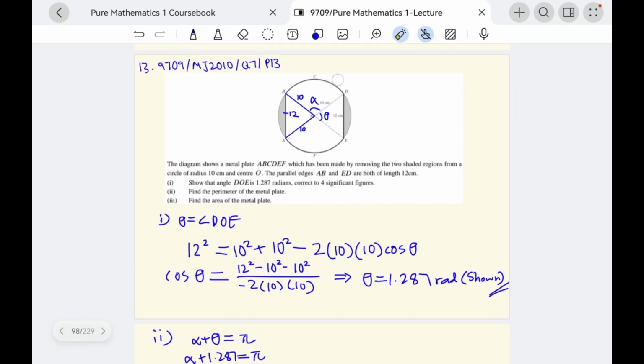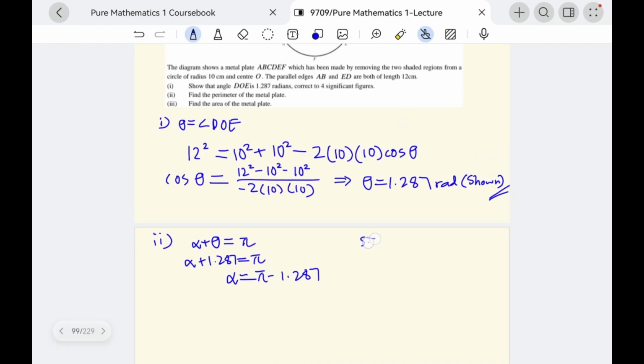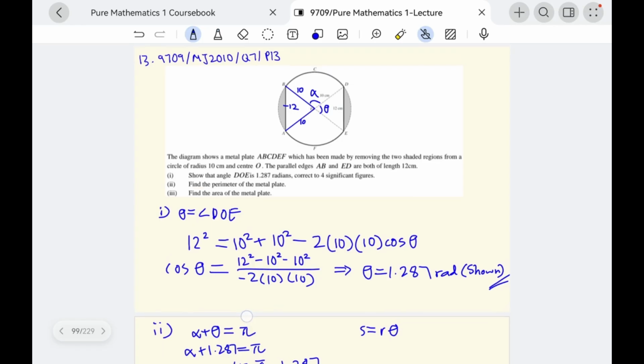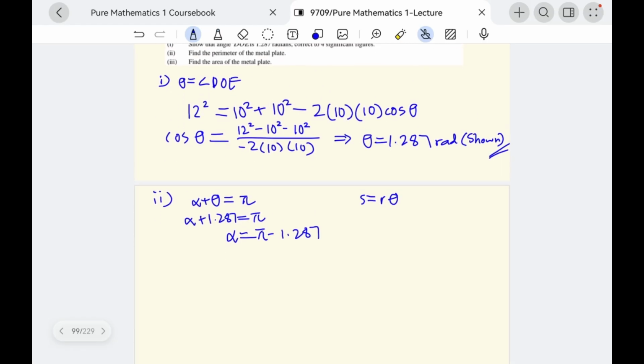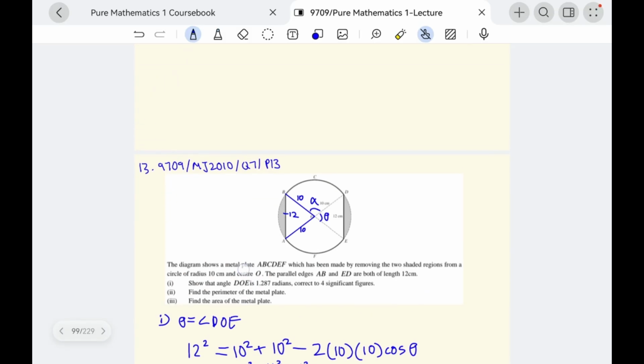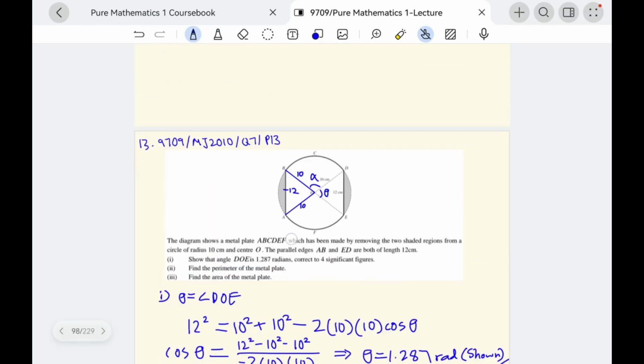So how do we find the arc length? We must use the formula s equals r theta. Since the arc lengths of the two are identical, it is convenient to calculate the perimeter of the metal plate. The perimeter is 12 plus 12 plus twice r theta, where r is 10.